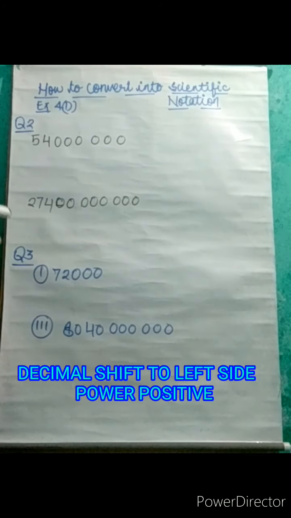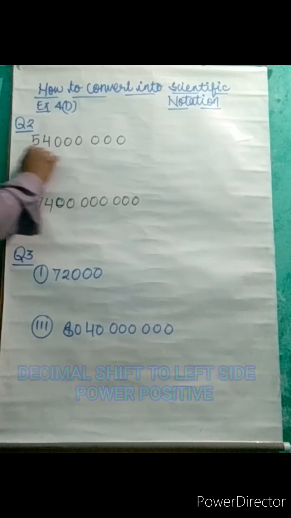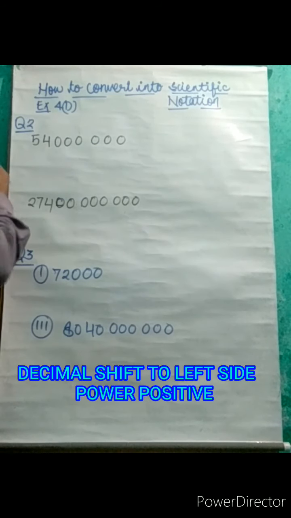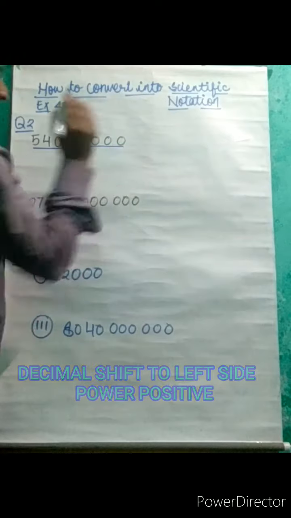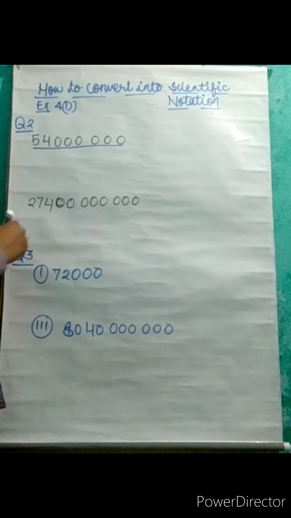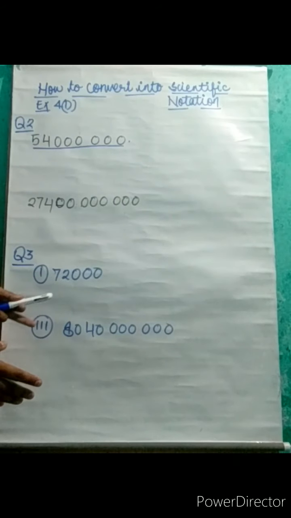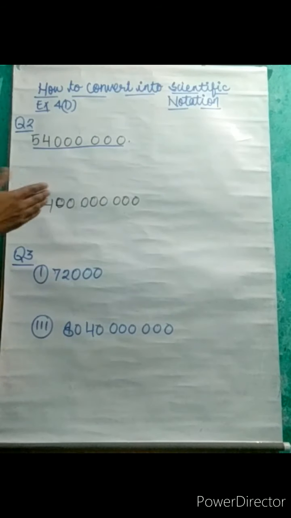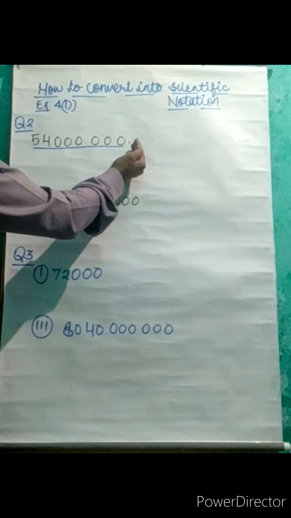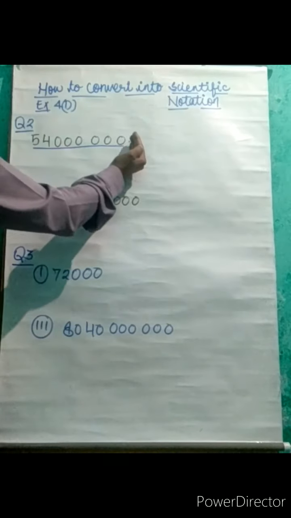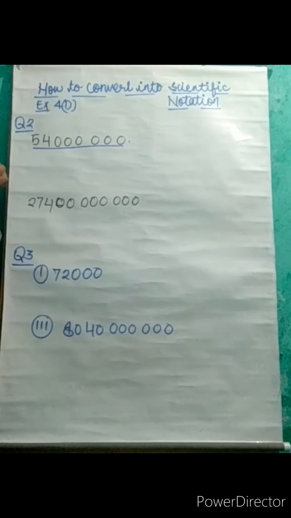If you are going to write it in scientific form, in this number there is no point. If the point is not there, it means the point is placed here, at the last. Now what I taught in the previous topic on scientific notation: if we are moving the decimal to the left side, the power will come positive.